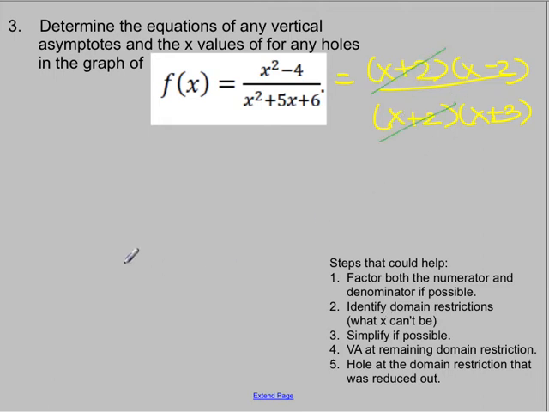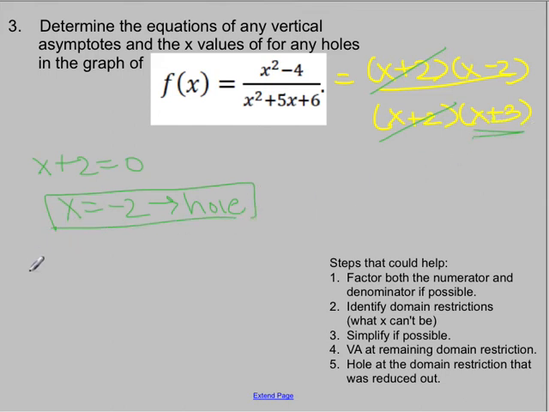The x plus 2's will cancel. So I would solve this piece, so x equals negative 2, that is a hole. And then the rest comes from the denominator for my vertical asymptote. x plus 3 equals 0, so at x equals negative 3, that is my vertical asymptote.